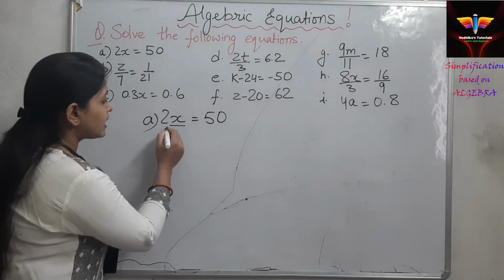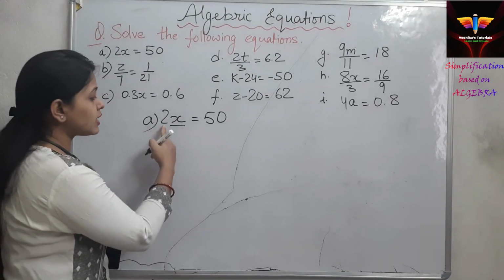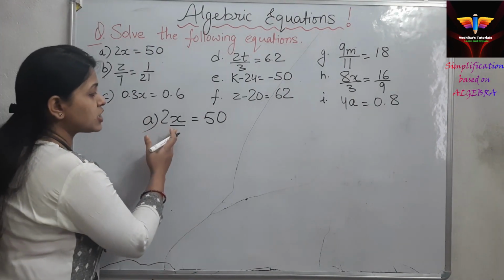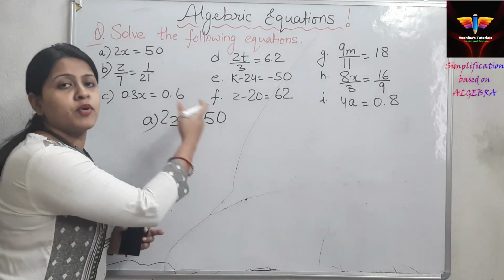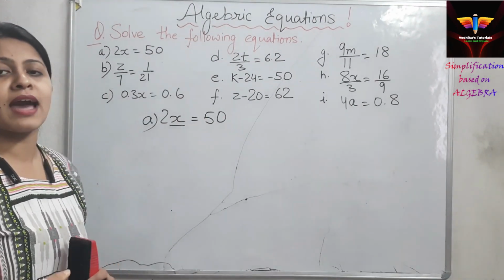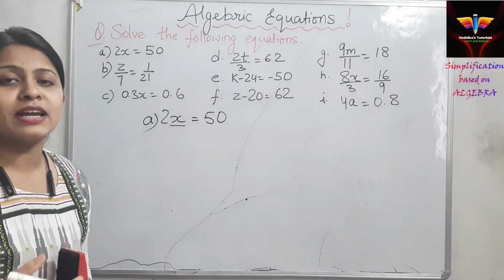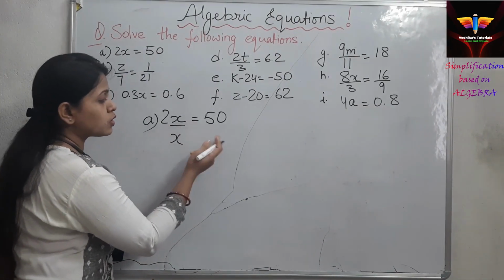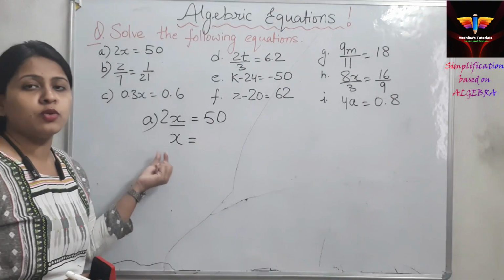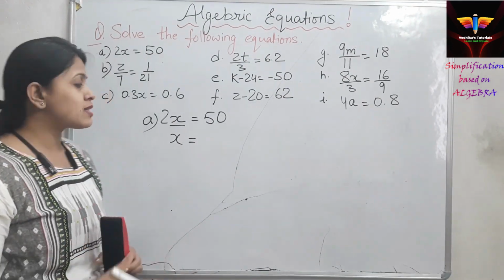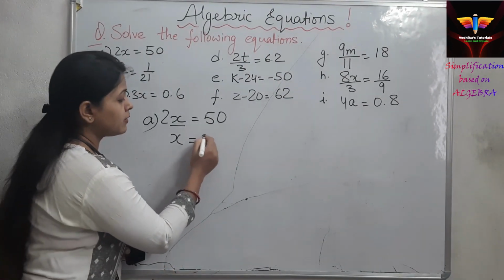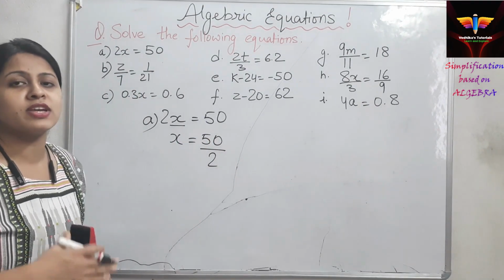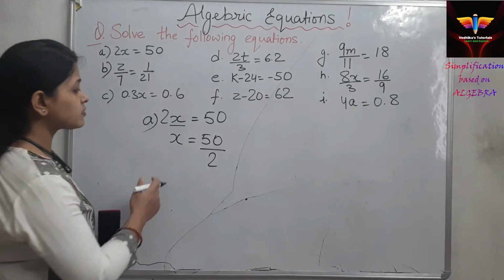Here it is written that this is multiplication. So when multiplication goes to the opposite side, to the RHS side, it gets converted into division. So when 2 moves to the opposite side, the multiplication changes into division.